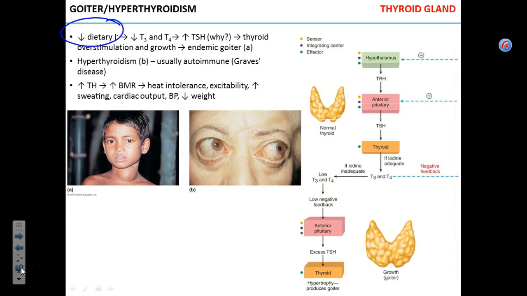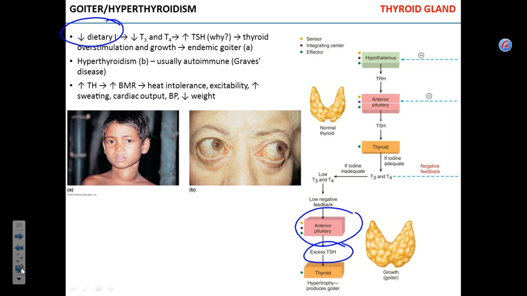So negative feedback will be low. Anterior pituitary will produce a lot of TSH. TSH acts on the thyroid gland. Your thyroid gland can't produce thyroid hormone, but I tend to make those things anthropomorphic, so consider it an analogy.